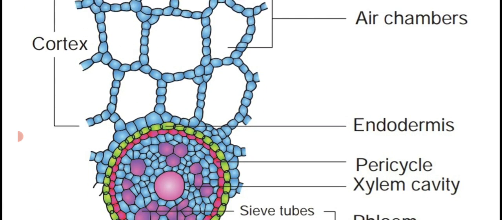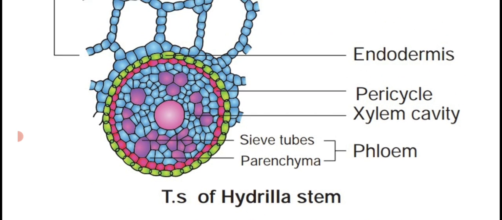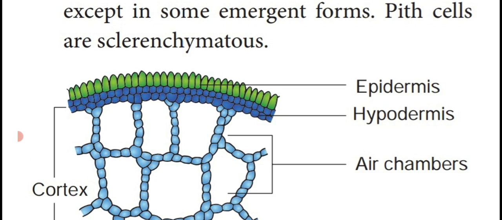See the diagram. This is the TS of Hydrilla stem. The diagram is very important for diagrammatic questions. The outermost single layer, made up of elongated parenchymatous cells, is known as the epidermis. Below the epidermis, two layers of closely packed cells are known as the hypodermis.